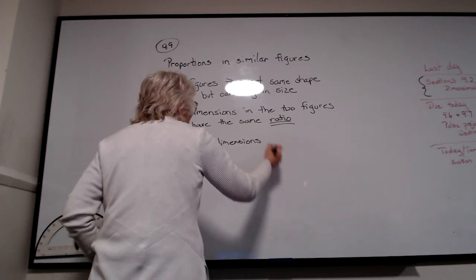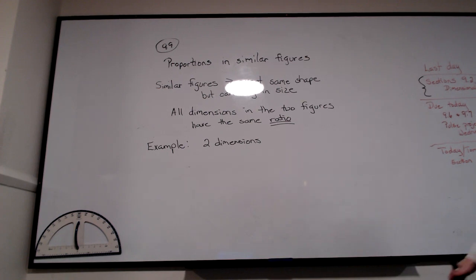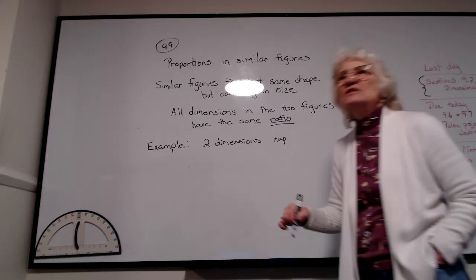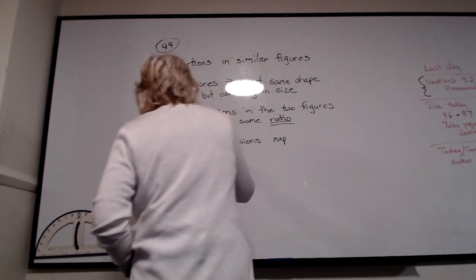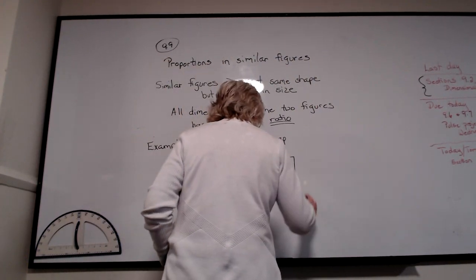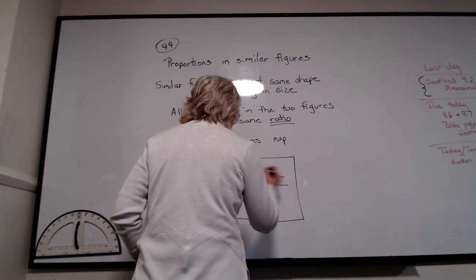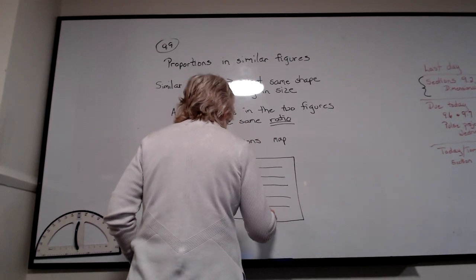So if you look at a map, a map is actually representing where the streets are, and it's proportional to what the streets are in real life, okay? That means if I have something like, here's my map, here's my neighborhood, my street's going across this way, my avenue's going this way.